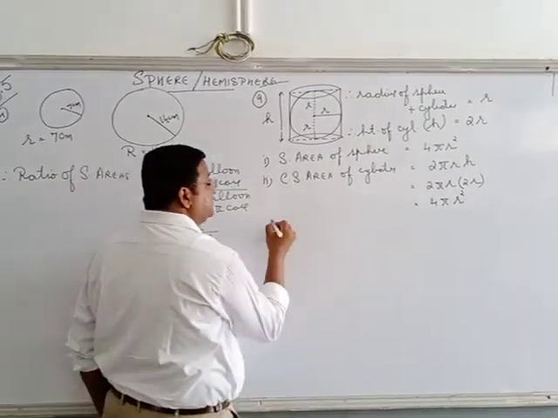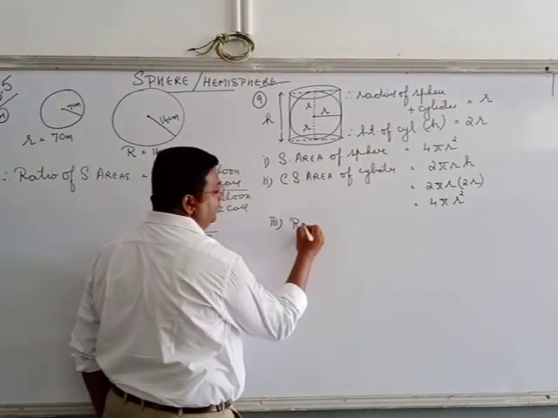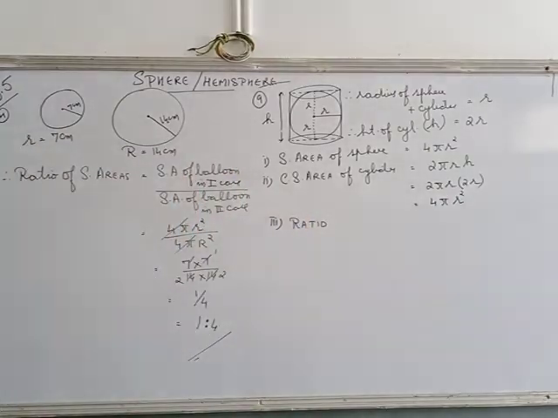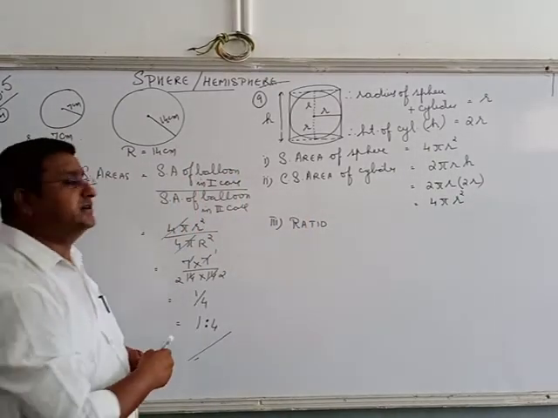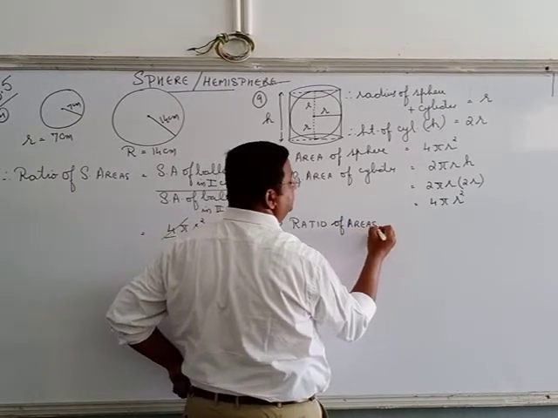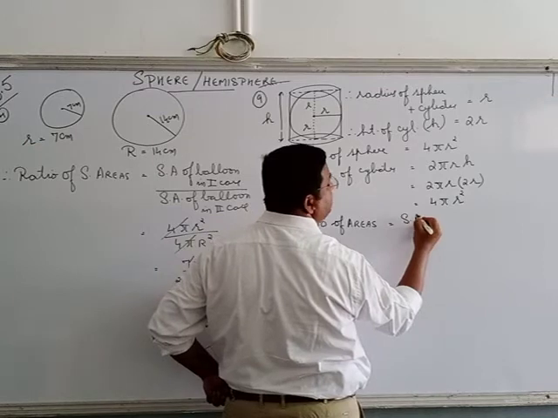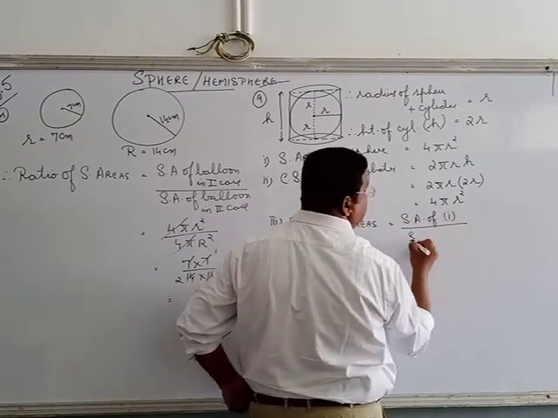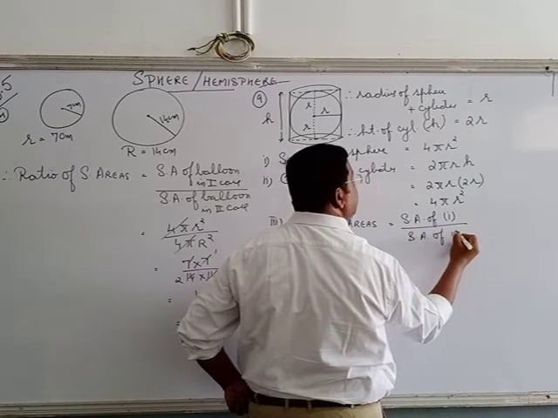Third portion, he says find the ratio. Isn't it? He says find the ratio of areas obtained in first and second. Ratio of areas is equal to the surface area in the first case upon the surface area in the second case.